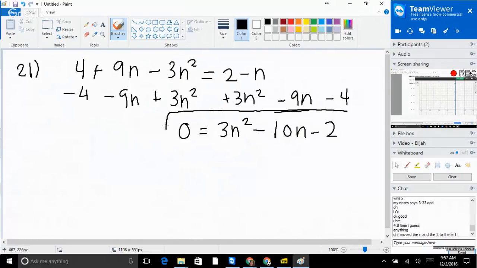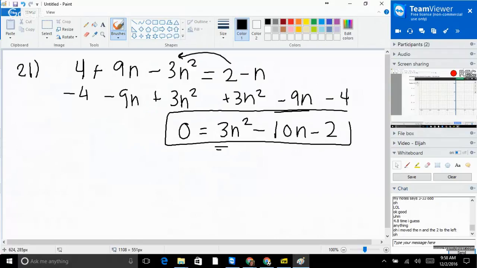Okay, so there's multiple ways that you could do that. You could move these to this side. Either way would work. Yeah, you could totally do that, Elijah. The reason I did this is so that I ended up with a positive 3 over here. But if you moved everything the other way, did you get negative 3n squared plus positive 10n plus 2?